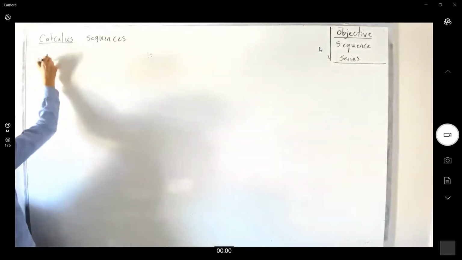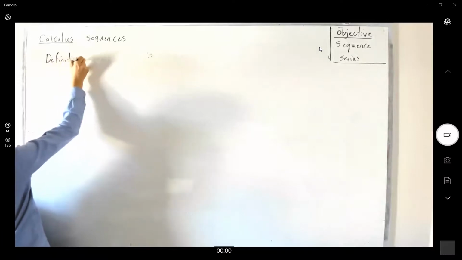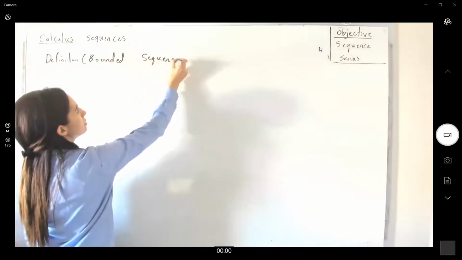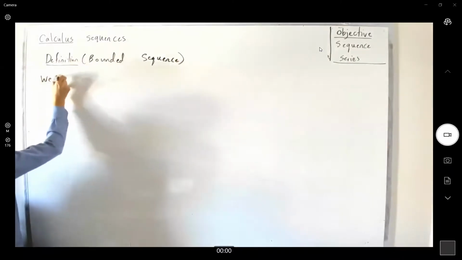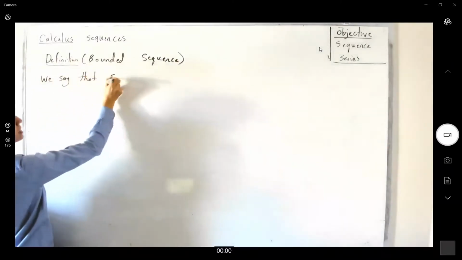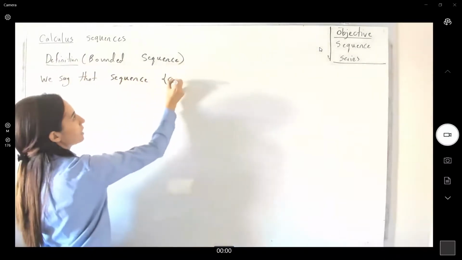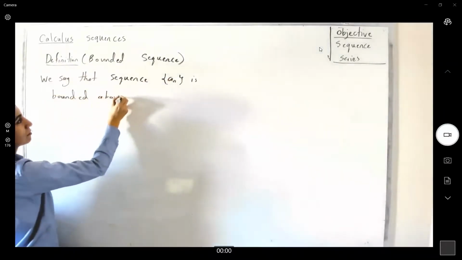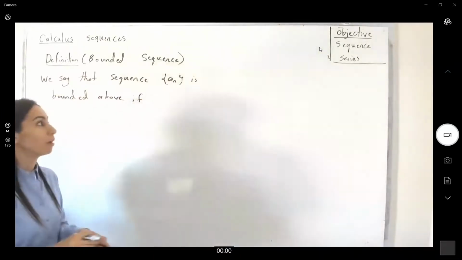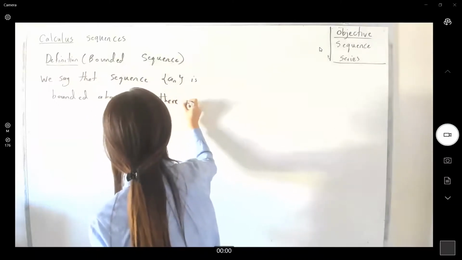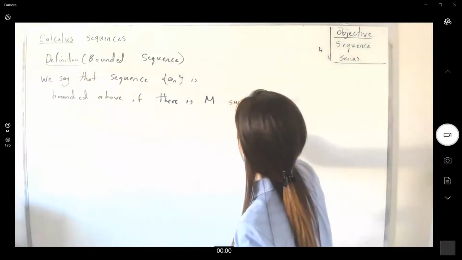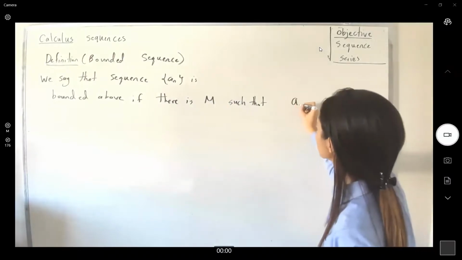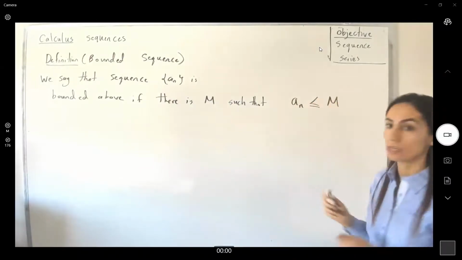Okay. Definition of a bounded sequence. So we say that a sequence a sub n is bounded above if there is a number m such that the terms of the sequence, the y values, a sub n, are less than or equal to m.